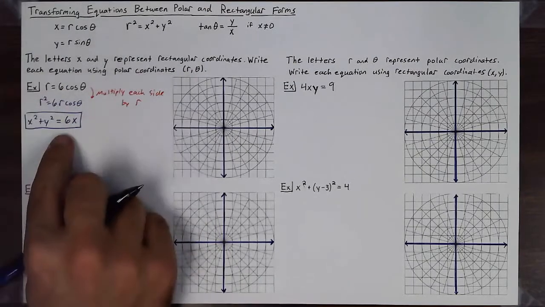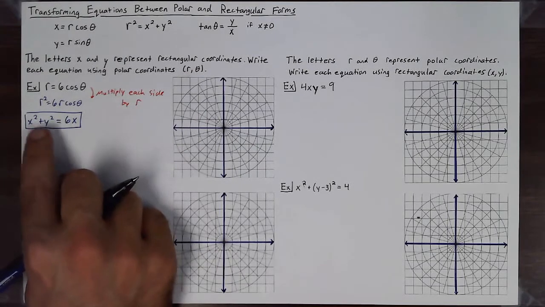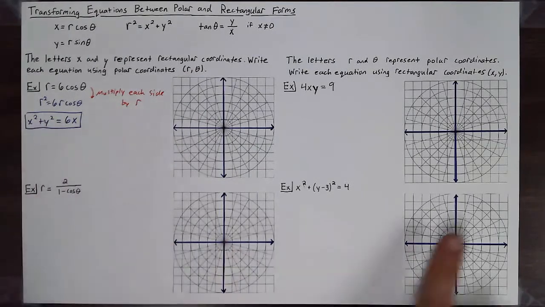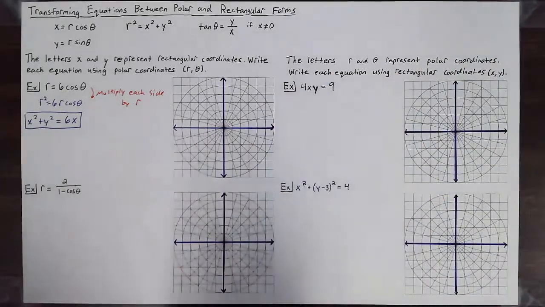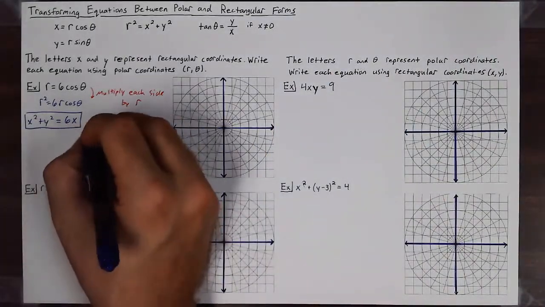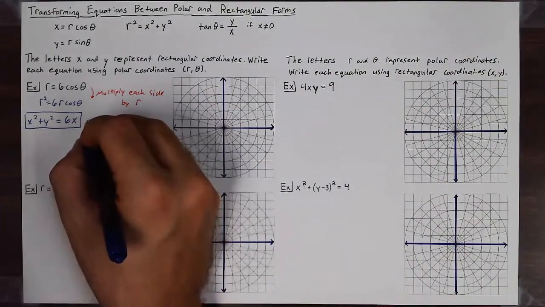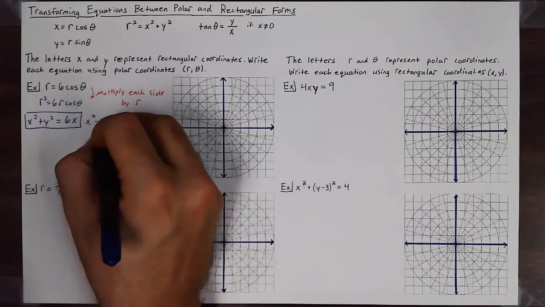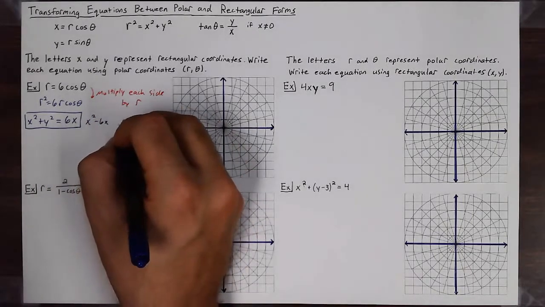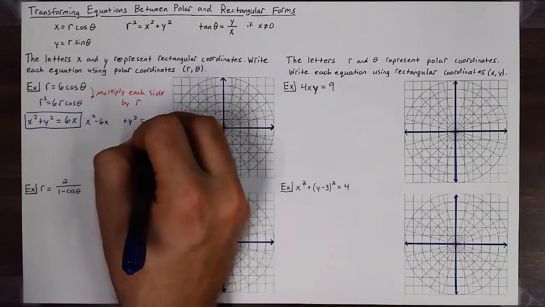Now, if you can't tell what this equation is graphically, it's actually the equation of a circle, which is one of the conic sections. The way you can see this is to move everything to one side of the equation. So x squared minus 6x plus y squared equals 0.